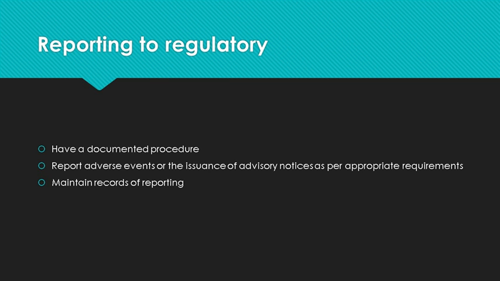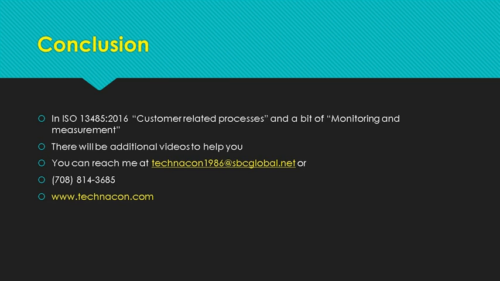This staff should also be trained on how to determine if the complaint is an adverse event or requires the issuance of an advisory notice, and or who to contact and how swiftly they must act if they think they have received this type of complaint. Again, referencing the regulatory website is the best way to stay up with the current practice requirements. Of course, your organization must maintain detailed records providing evidence the regulatory requirements have been met.